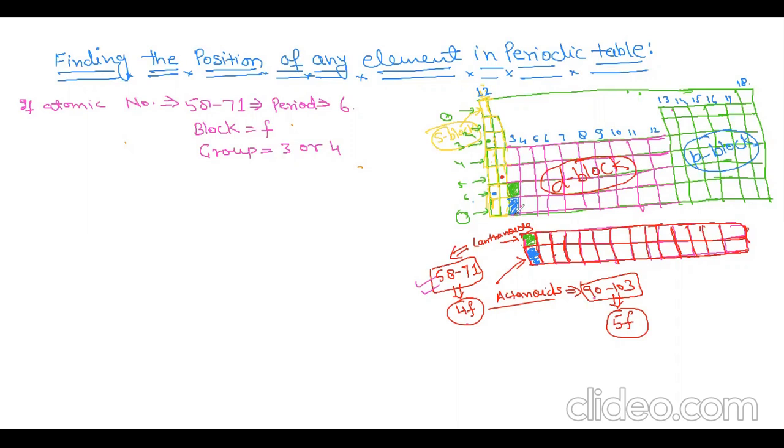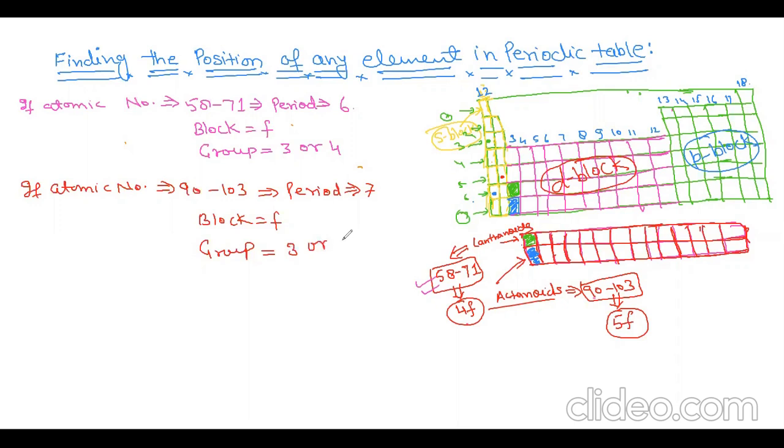In this place only the element belongs. Second one, if the atomic number belongs to 90 to 103, then period number is always 7, block always f block, and group number always 3 or 4.